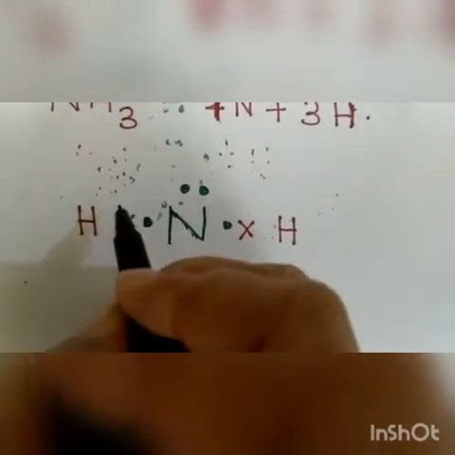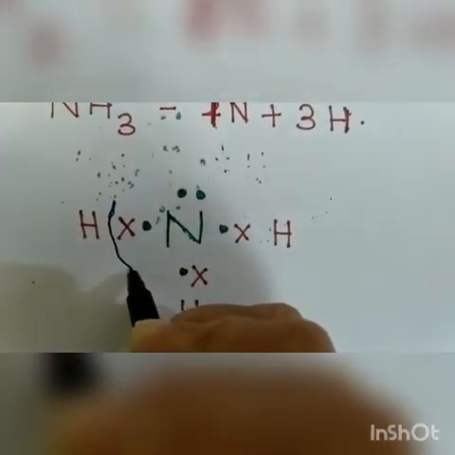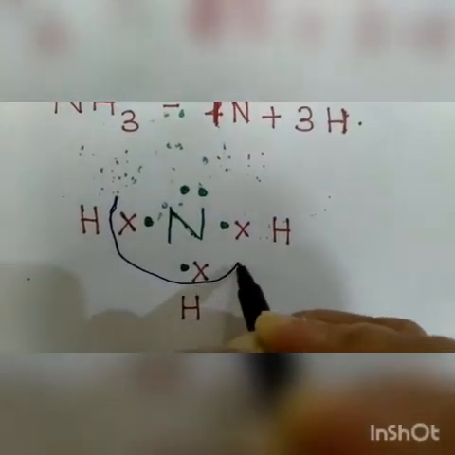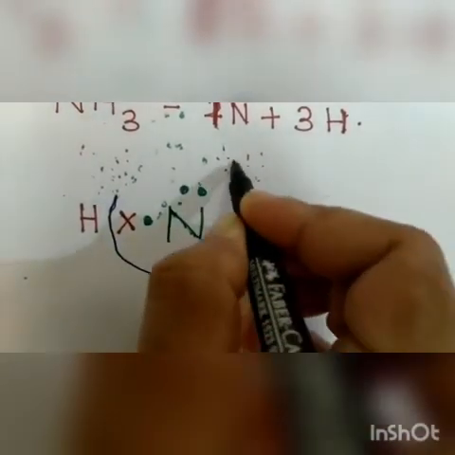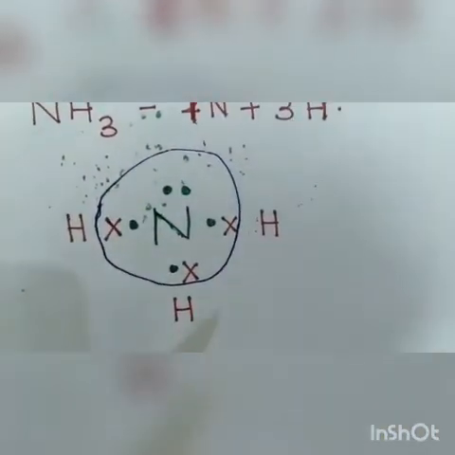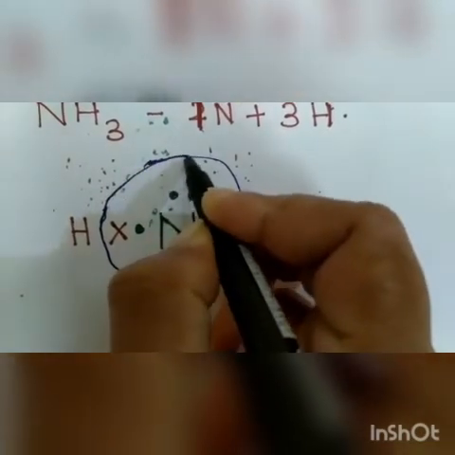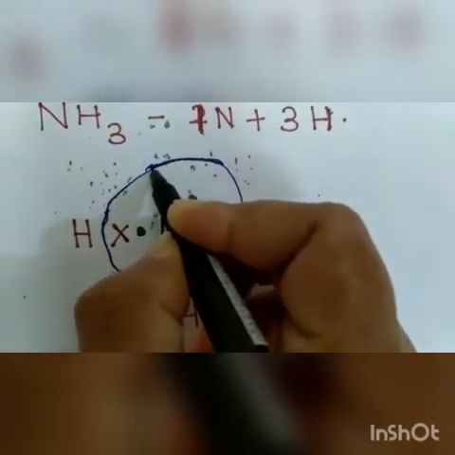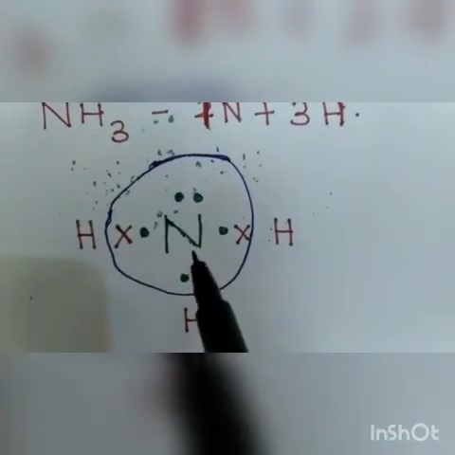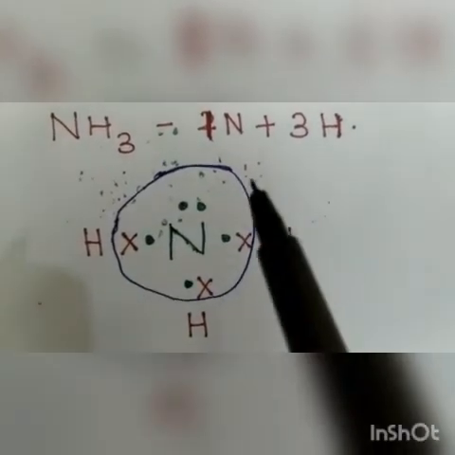So start from here, drawing, making a circle from here. I think you can see it. Now see here, this nitrogen now has in total how many electrons? 1, 2, 3, 4, 5, 6, 7, 8. So its last shell is filled.